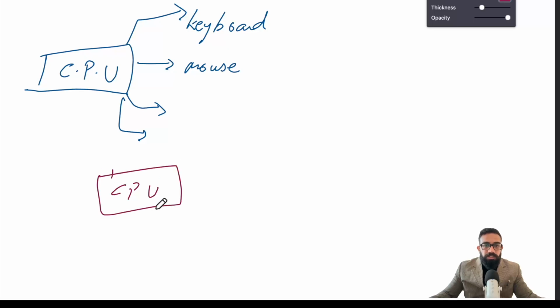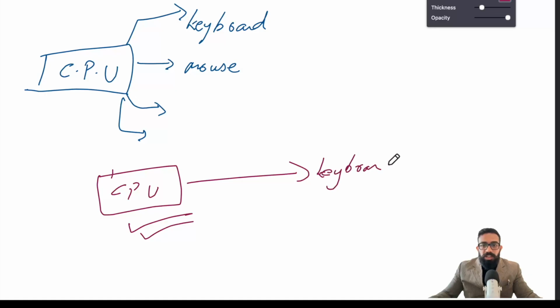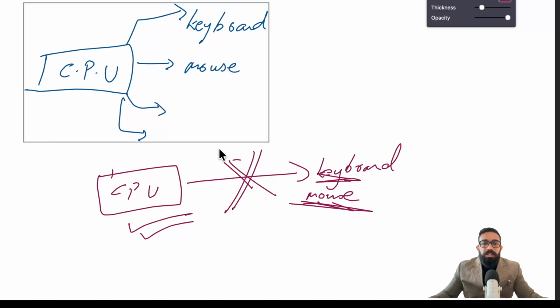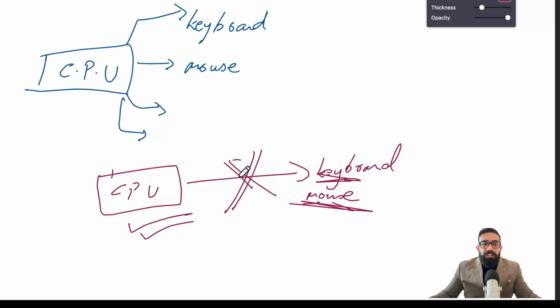But if the CPU is all right, in good condition, and there's a problem in the wire going from the CPU to one particular application like the keyboard or mouse, then there will not be transmission in that particular application, but all the other applications of the computer will be working.